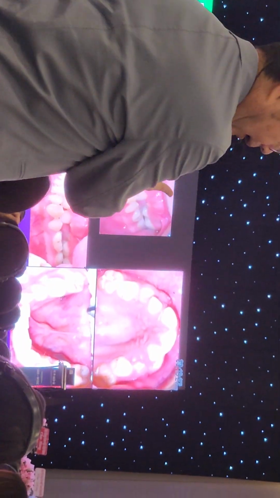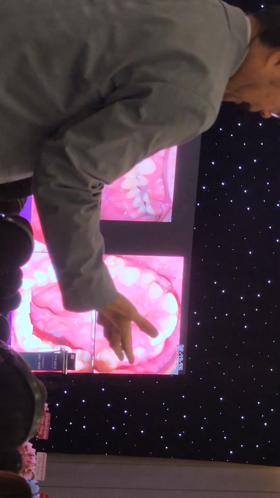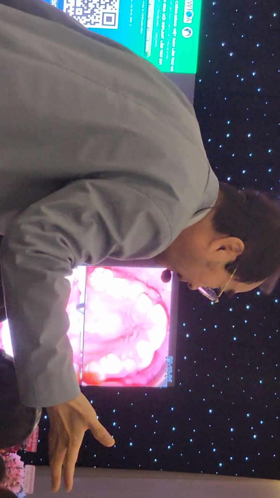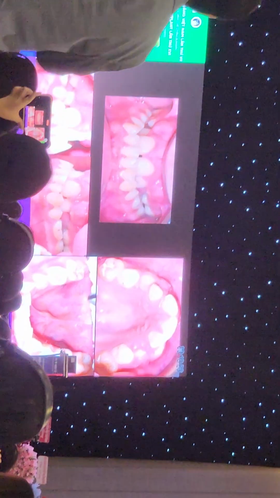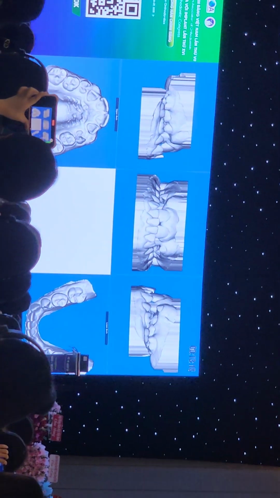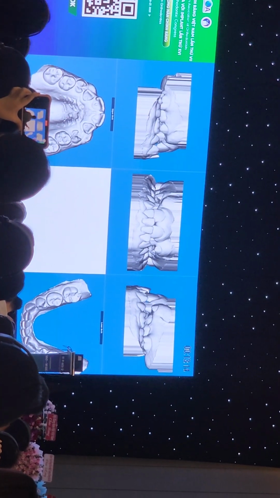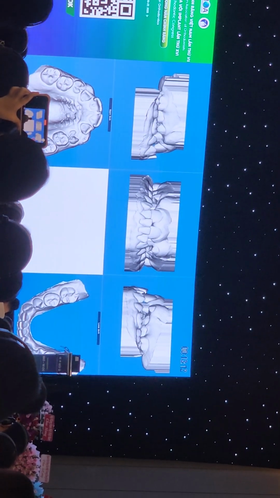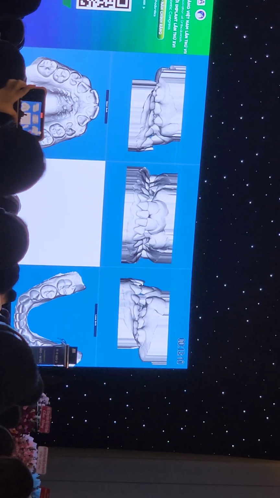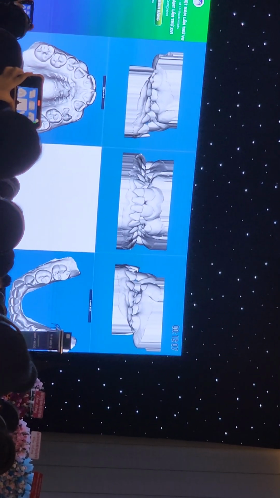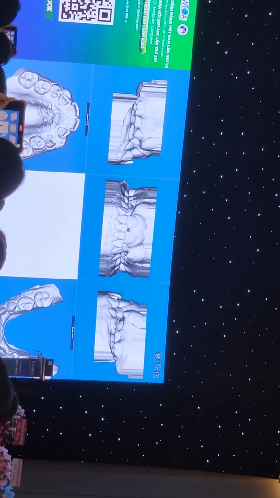But you have to expand a lot because he's got 8 millimeters deficient just on one side, all right? So it's a tricky situation, all right? And of course, you cannot use conventional expansion appliance because he's already past 7-11 for that reason, all right?